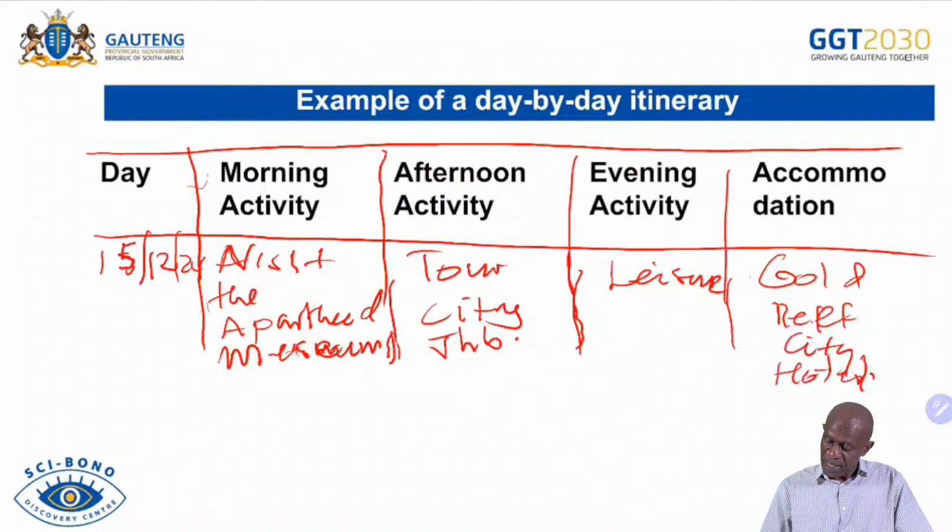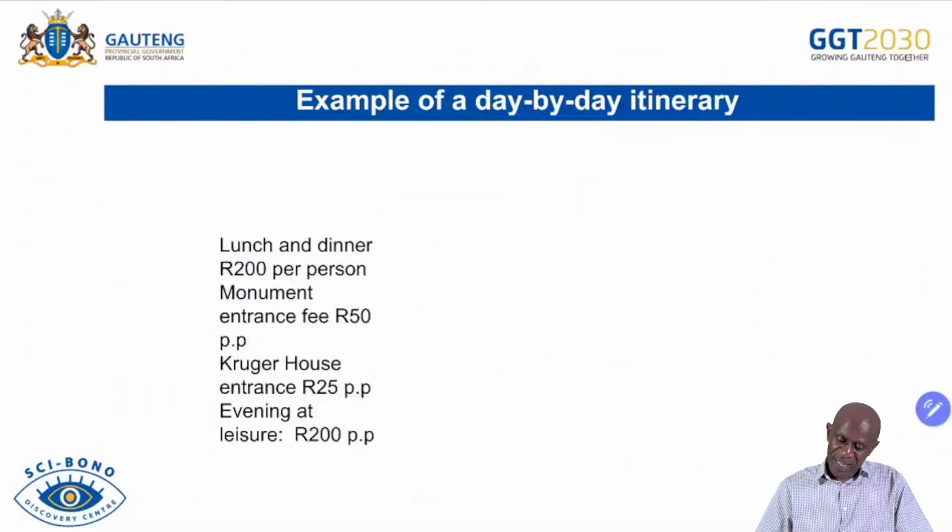And finally, as we further explore the day-to-day itinerary, you can see here what is included but not featured in that table. You have lunch and dinner, and the rates are indicated there.